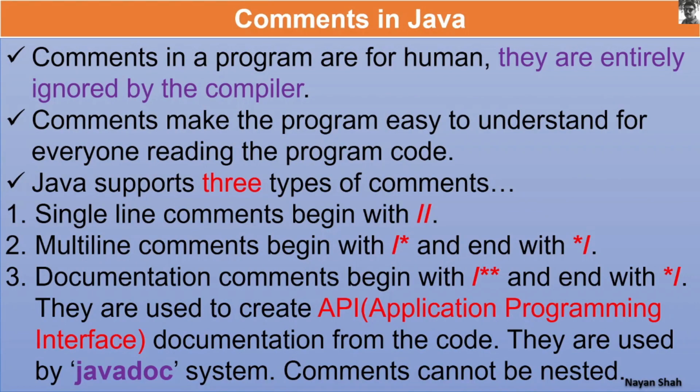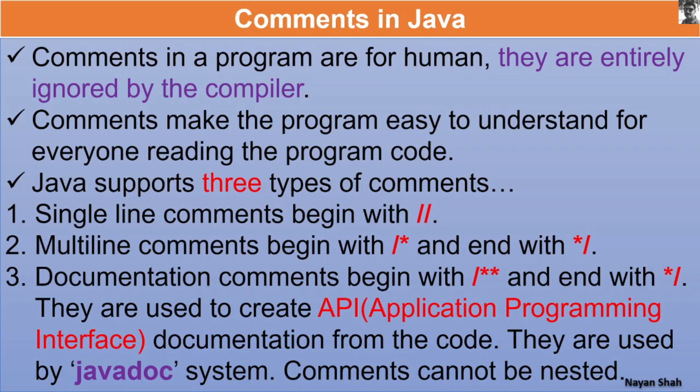Java supports three types of comments. Single line comments begin with a double slash. Multi-line comments begin with slash star and end with star slash. And the third type is called documentation comments, which begin with slash double star and end with star slash. Documentation comments are used to create API documentation from the code.